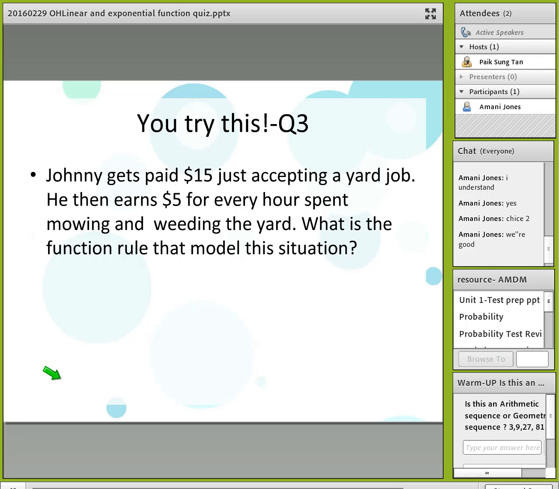This one doesn't have an answer. Type in the chat box. We're asking for the function rule. We're not asking for the recursive rule.